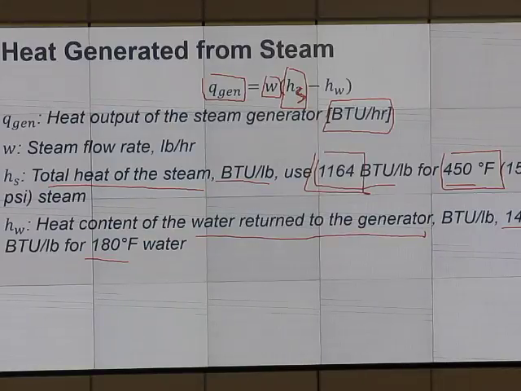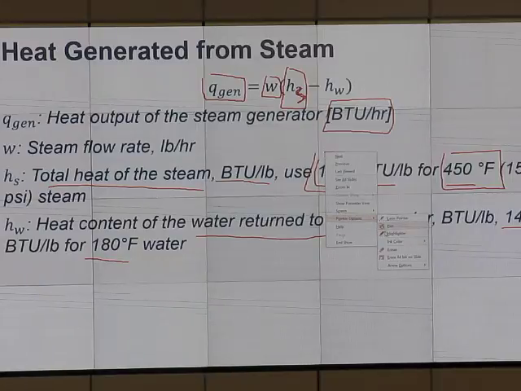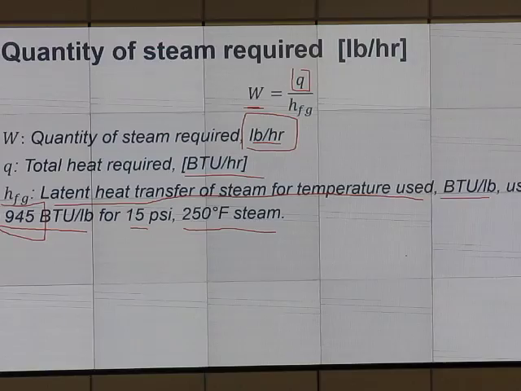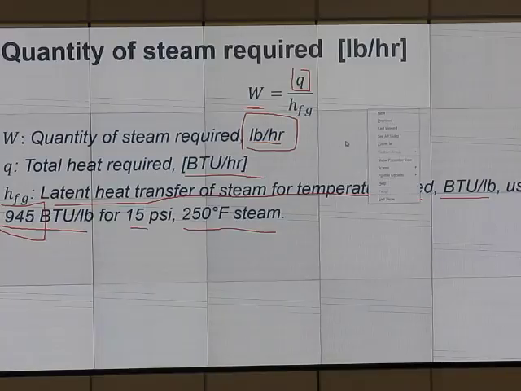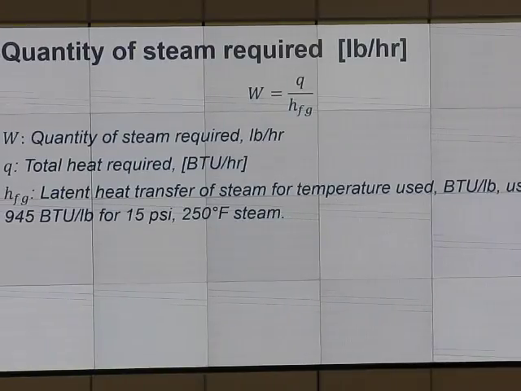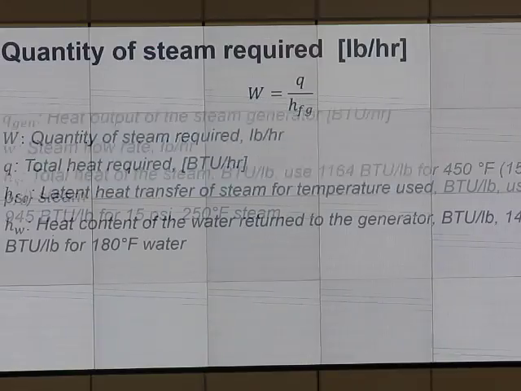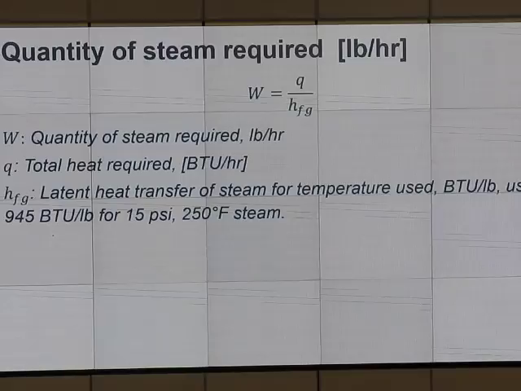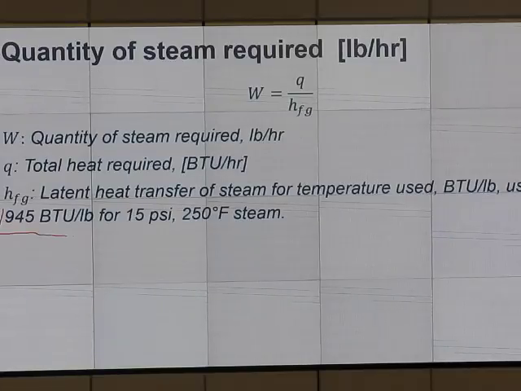In this slide and the previous one, the previous one is the latent heat of steam, BTU per pound. I think this one says the constant is a latent heat, not delta H. So you use about 1000 BTU.